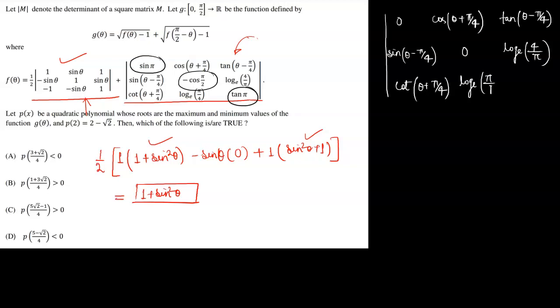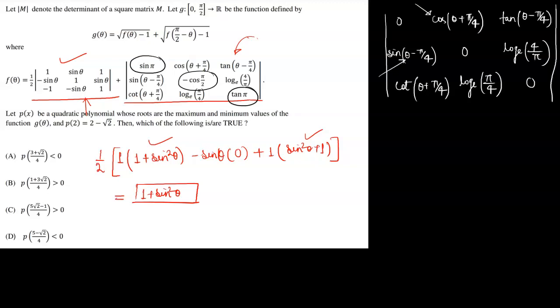See, in this determinant we have cos theta plus pi by 4 and we have sin theta minus pi by 4. If you evaluate by using the formula of sin a plus b and sin a minus b here and cos a plus b here, then you will see that these both terms are same.